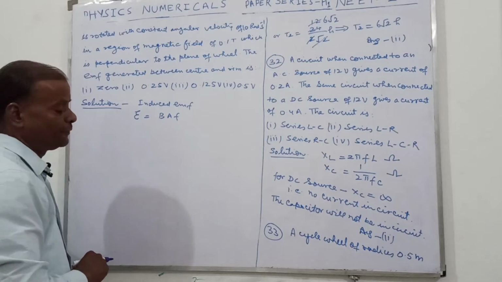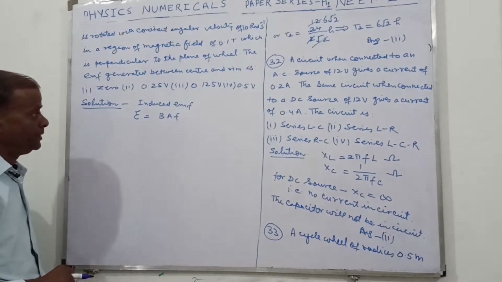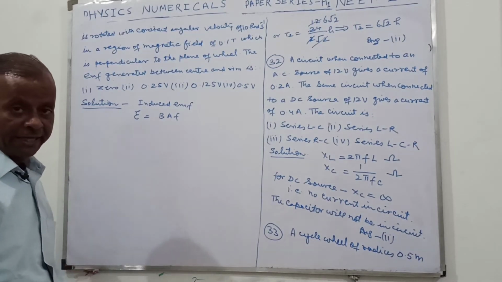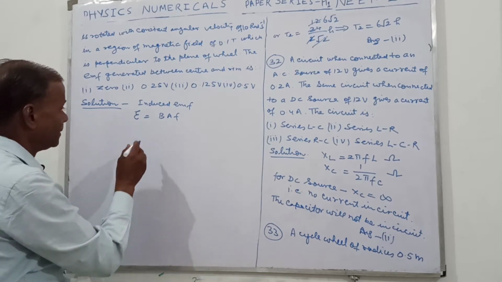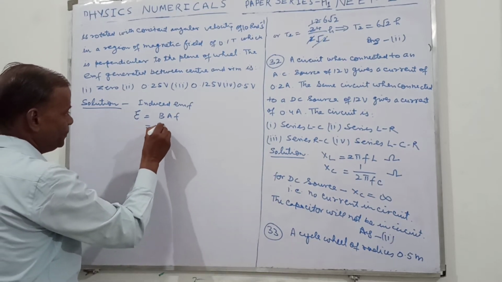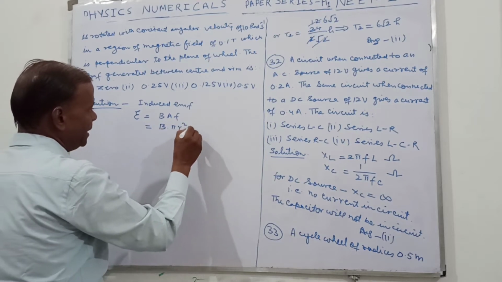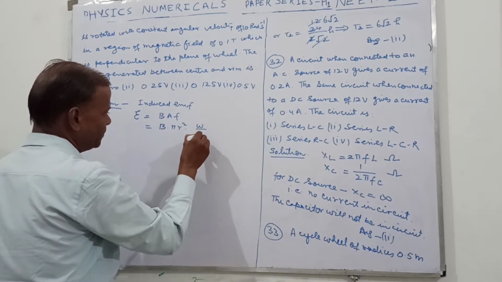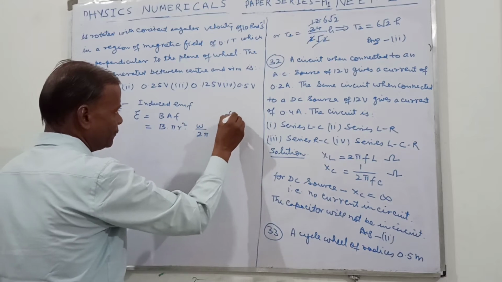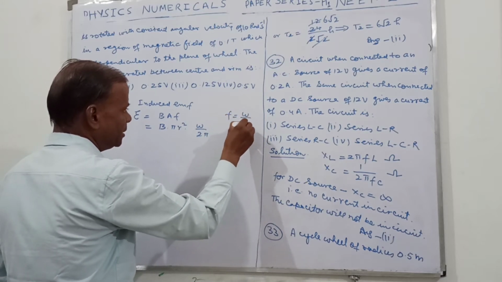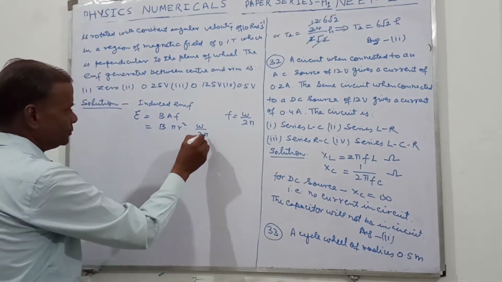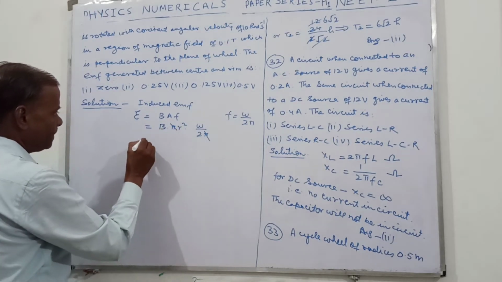We have the simple formula. B the magnetic field, A the area, F the frequency. So this is your B, A is your pi r square, F is equal to omega upon 2 pi. This pi and pi will cancel.